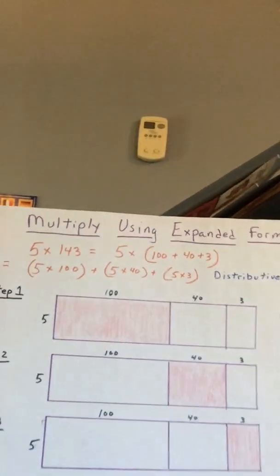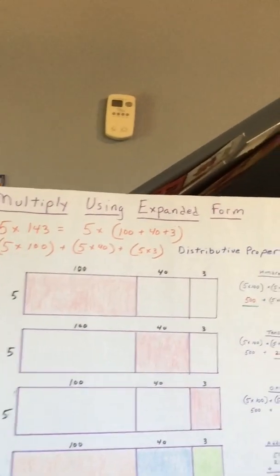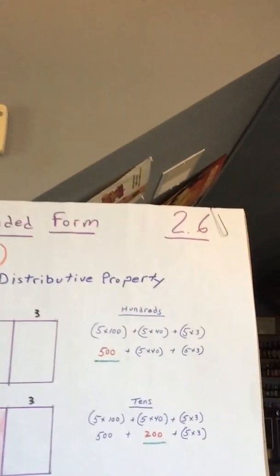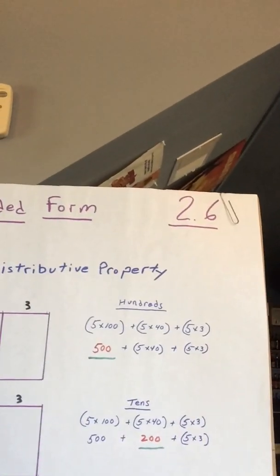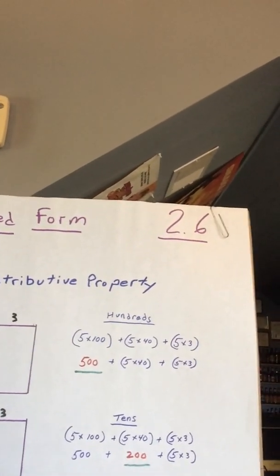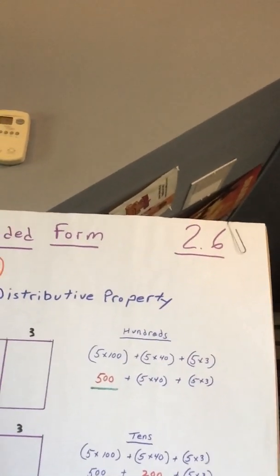If you look at the model, you can see on the top I did 5 times 100 first, and that equals 500, and then we still have plus 5 times 40 and plus 5 times 3. That was step 1.